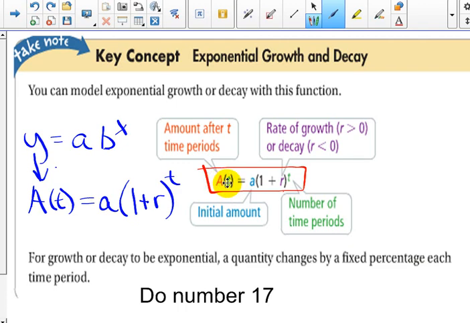The A of t means what's your final amount after the time passes. So that's going to be like your y equals, but we have A of t equals. Now lowercase a is different than the uppercase A. Lowercase a is your initial amount, what did you start with, times 1 plus r, the thing we just did in the last problem set about rate of growth or decay, and t is your time period.